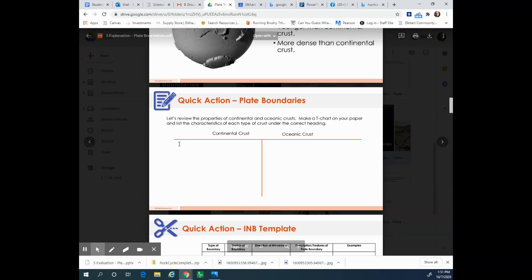You're going to click on your continental crust page, and then you're going to zoom in and zoom back out and add a new comment. You're going to add 3 comments that give me 3 details that make the continental crust different than the oceanic crust. And same for the oceanic crust. You're going to give me 3 facts that make the oceanic crust different from the continental crust.